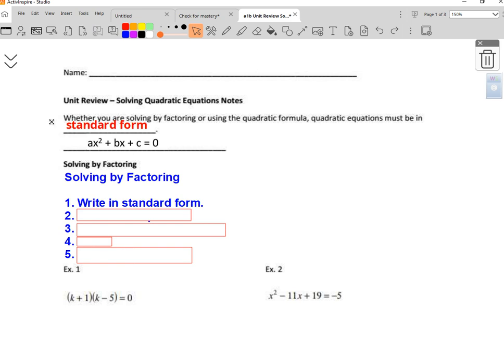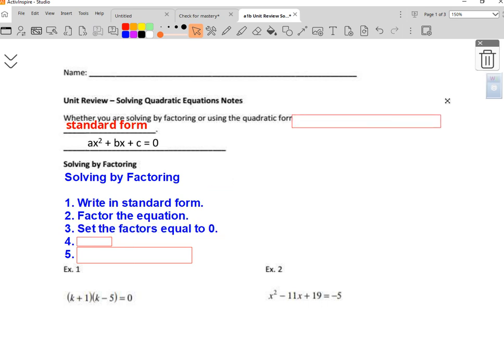That means rearrange everything so it looks like this. The next thing you would factor, which we reviewed how to do yesterday. Then from there, you set the factors equal to 0.